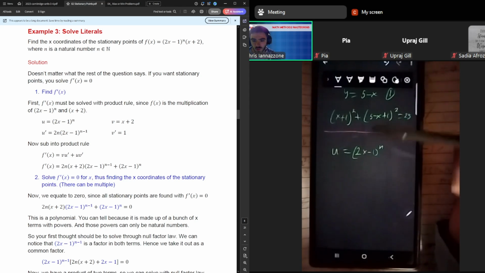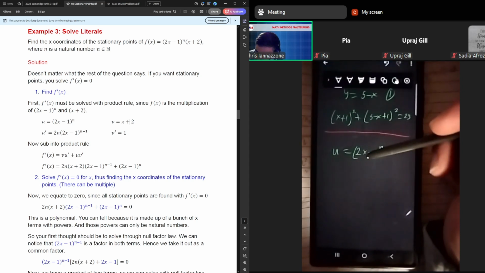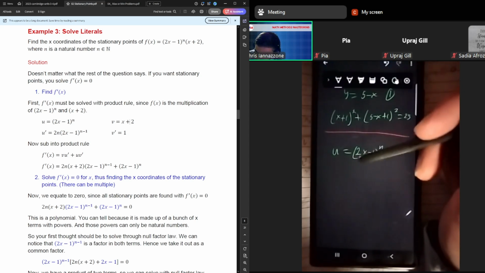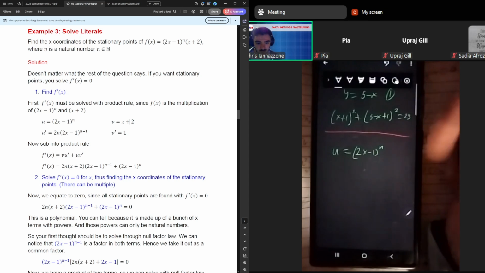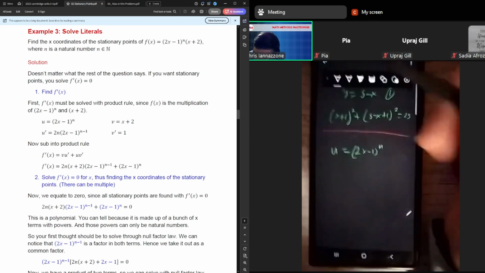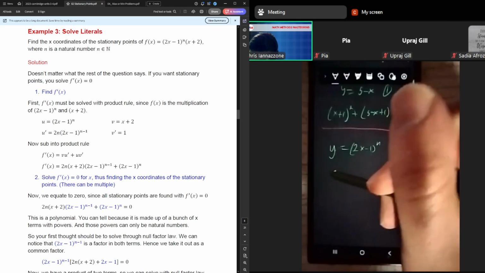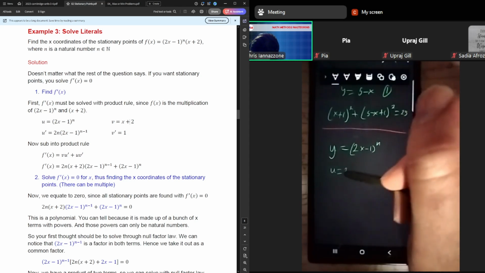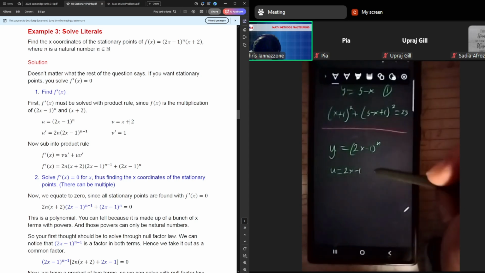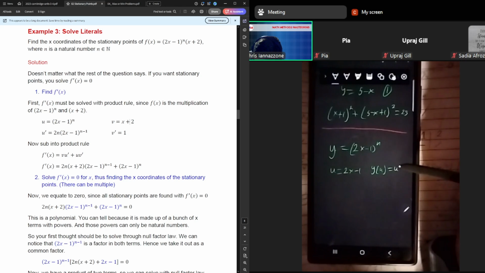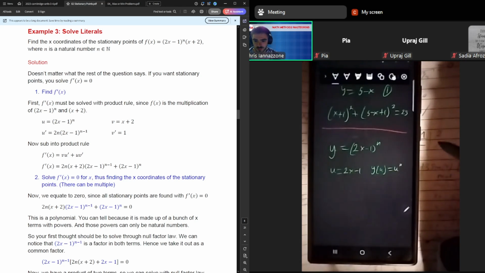And so one of the things we're going to have to worry about here is that because there's something other than just x in that spot, we're going to have to do a substitution. Now, just for simplicity, I'm going to rename this as y, so I can label the inside as u. U is going to be 2x minus 1, and therefore our new function y of u is going to be u to the power of n.